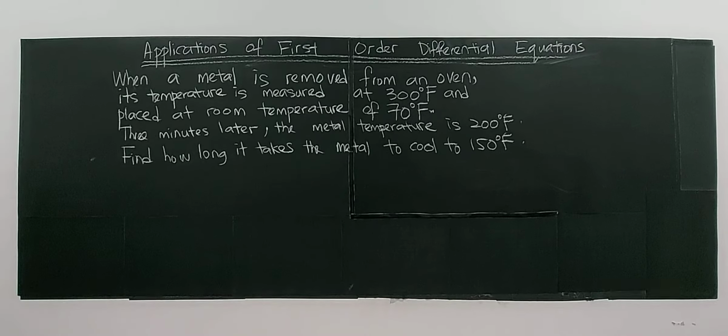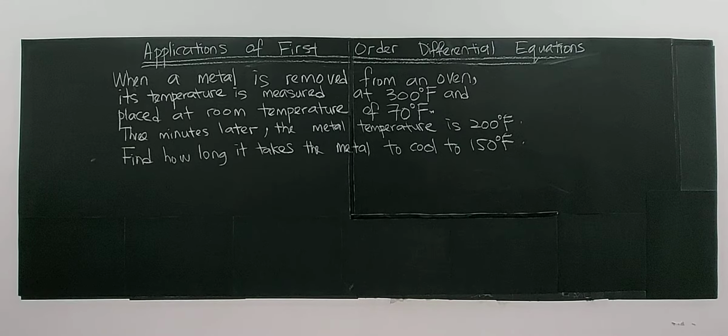So, all right, let's look at examples. Let's continue with this example. You can read the question first. When a metal is removed from an oven, of course, you put it in an oven because you want to heat the metal, right? So its temperature is measured at 300 degrees Fahrenheit and placed at a room temperature of 70 degrees Fahrenheit.